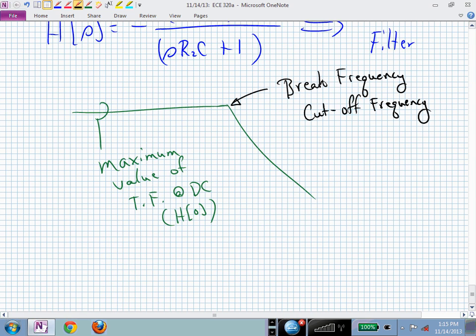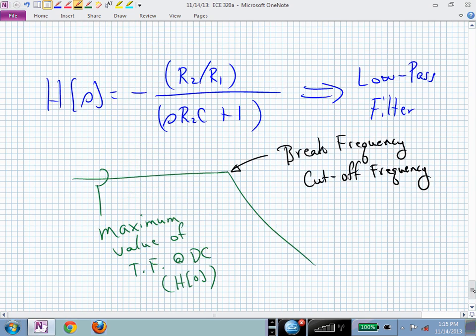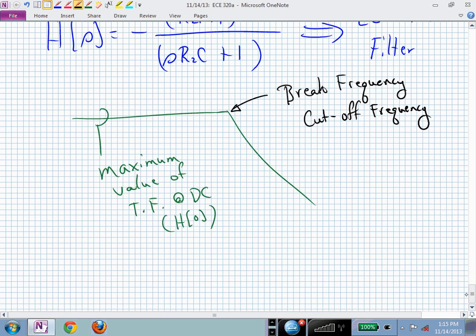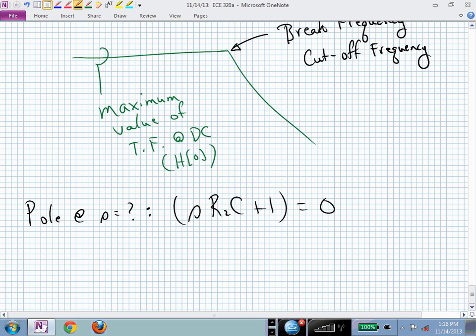What is that? Well, before we get there, it's equivalent to the pole, isn't it, in the system? Where is our pole? If we simply set the denominator polynomial, which is first order, equal to 0 and solve for s, we'll find where that pole is located.